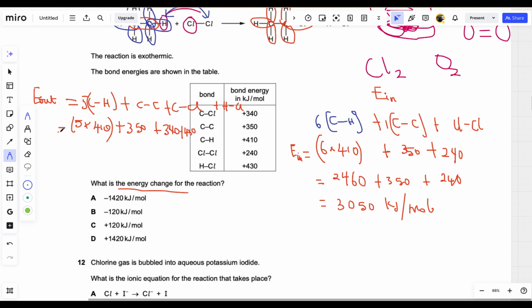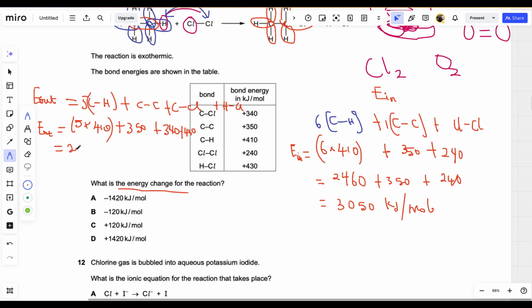Let's find the total energy out. This is not difficult, it's very easy. You just should know the techniques. So 5 times 410 gives us 2050.